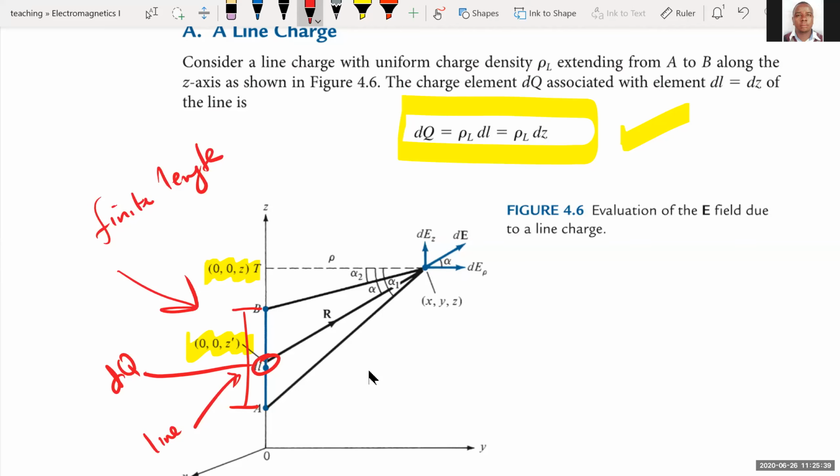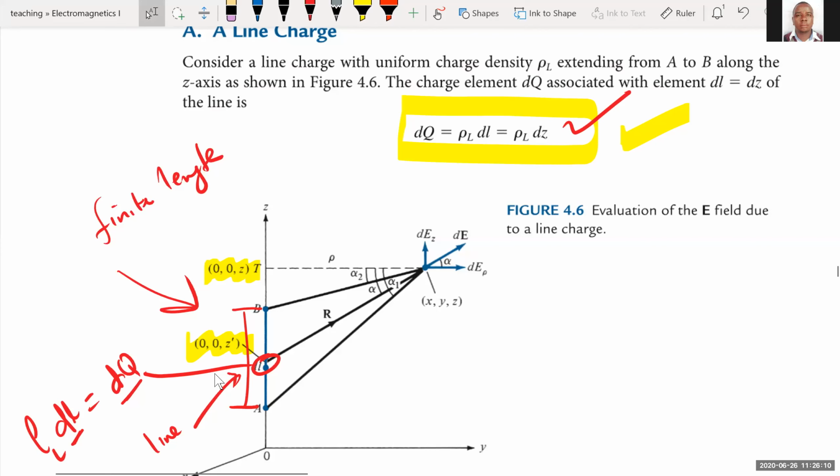So in that event, the line element dl has charge dq, and therefore this charge dq can be found by multiplying the charge density rho L times the length dl, which gives us dq, as you can see on this equation.